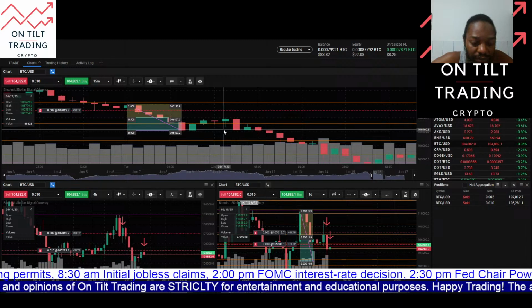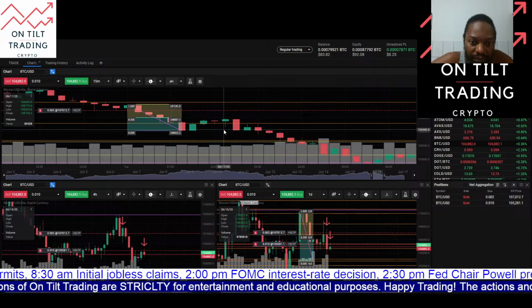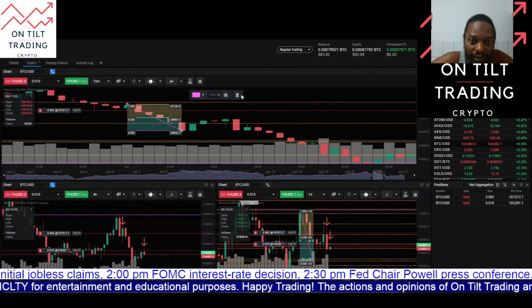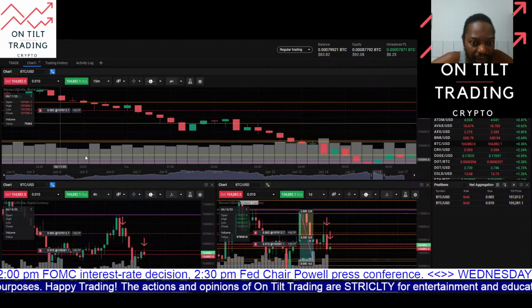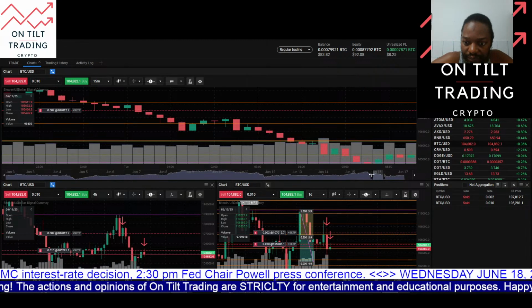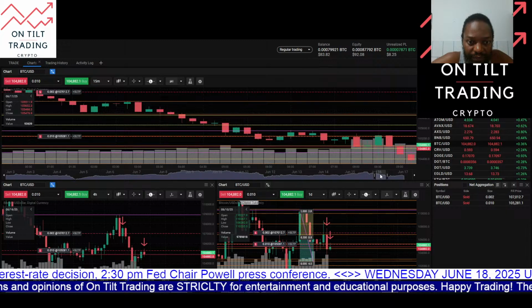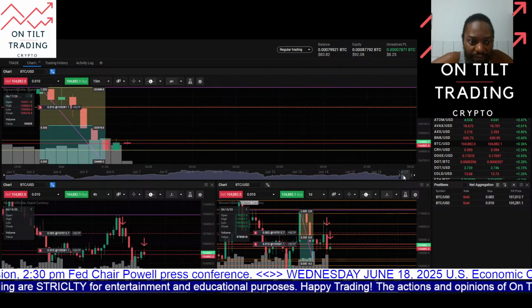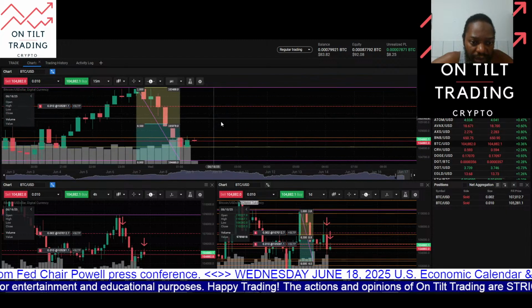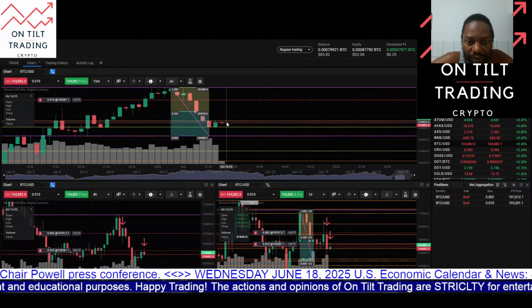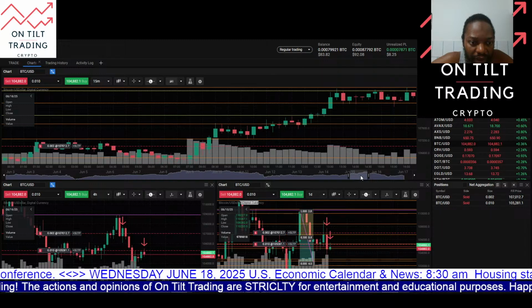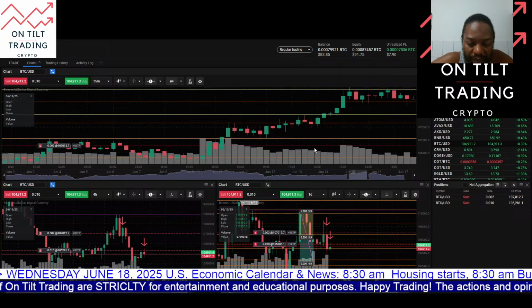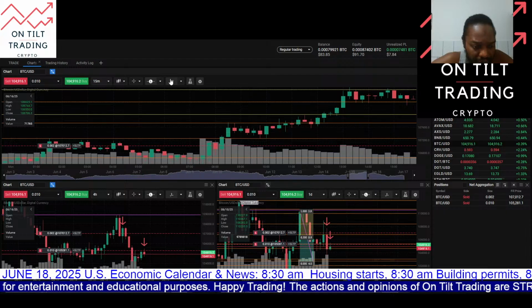No. So equilibrium is not seeming to matter. So I was wondering whether or not it mattered if price got to equilibrium, and it doesn't seem to matter. This was a long here.